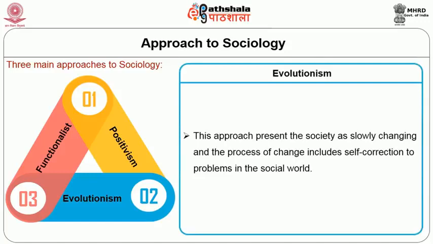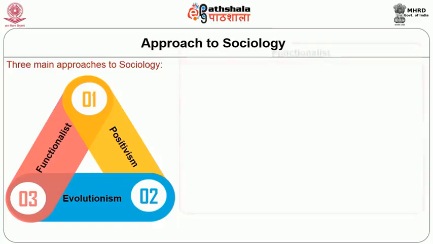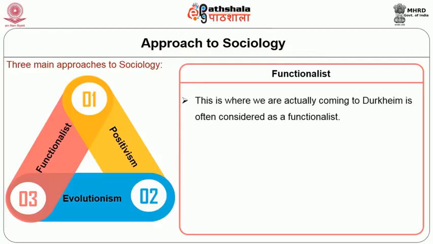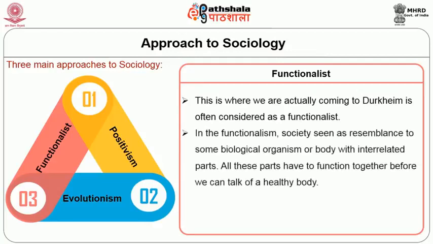This approach presents society as slowly changing, and the process of change includes self-corrections to problems in the social world. The third approach is the functionalist. This is where we are actually coming to. Durkheim is often considered a functionalist. In functionalism, society is seen as resembling a biological organism or body with interrelated parts.